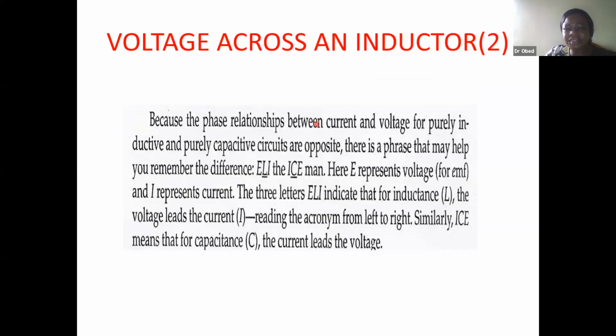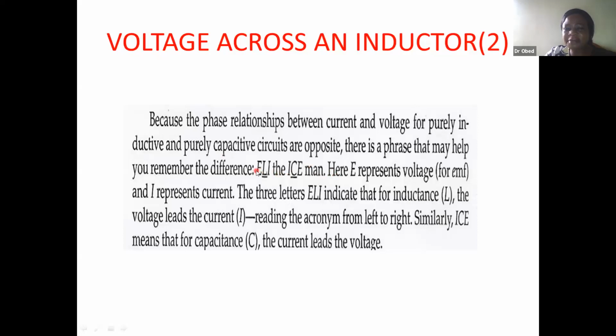Because the phase relationships between current and voltage for purely inductive and purely capacitive circuits are opposites, there is a phrase that may help you remember the difference. It's called ELI the ICEman. What does this mean?